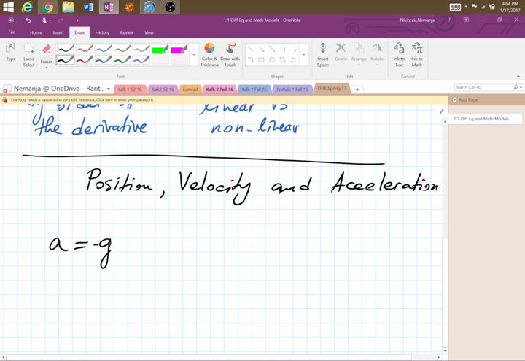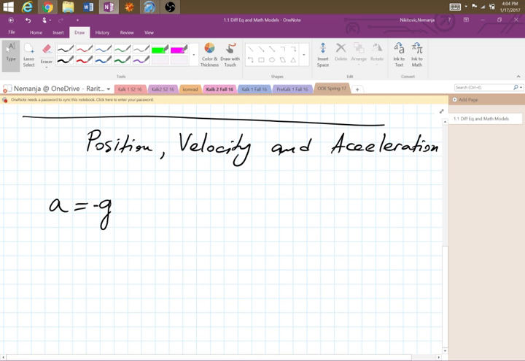Because gravity goes down, pulls downwards in our frame of reference. And now we define the acceleration as the change of velocity, right? Acceleration is change in velocity, and that happens in time. You can't instantly change velocity. It goes over time. So I'm going to say that acceleration is the change of velocity in time, and that is equal to that negative g.